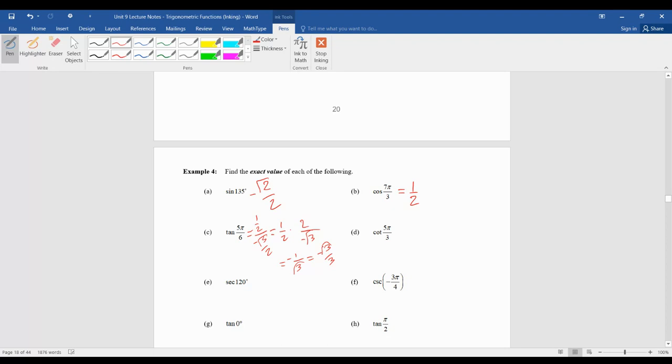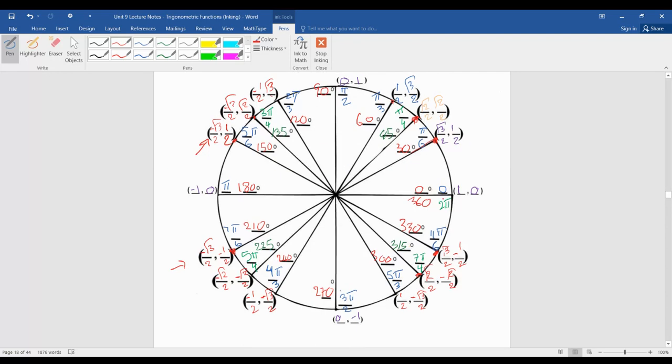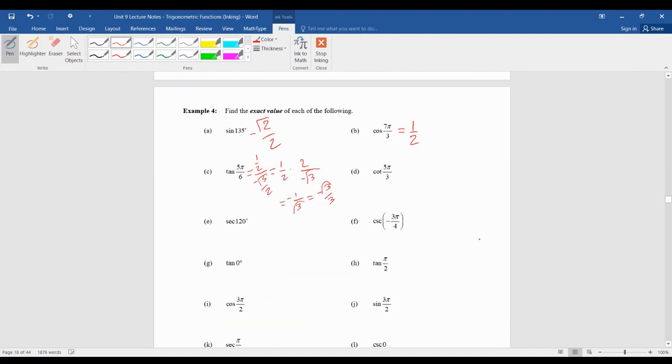Okay. Example D, cotangent 5 pi over 3. So 1 pi over 3, 2, 3, 4, 5 pi over 3 is over here. Cotangent is x over y, so 1/2 divided by negative root 3 over 2.